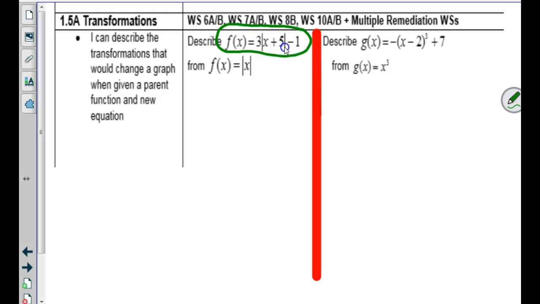What does this plus 5 do? Left 5. Okay, so that is a horizontal shift, and if you don't say that, I'll be okay with it. Left 5. If you just wrote shift left 5, I'd be okay. Okay, and then what is the 3 doing?